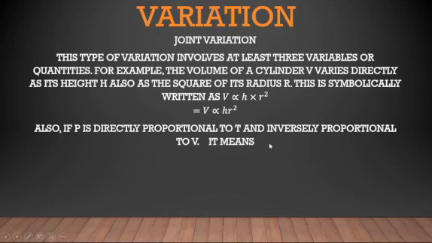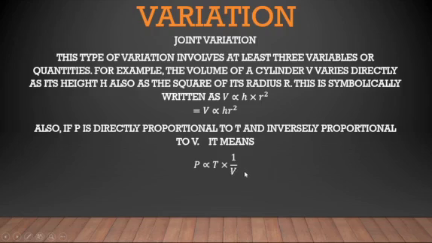It means that P is directly proportional to T and inversely proportional to V. And that's why you have P directly proportional to T times 1 over V, 1 over V being the inverse.